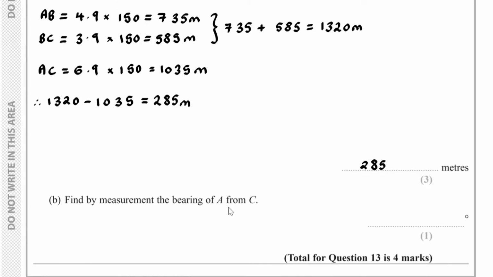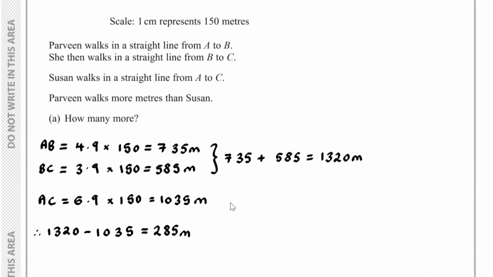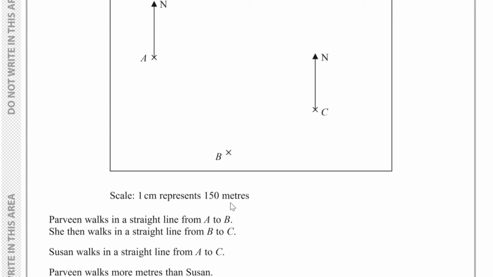Then for part B, we have to find by measuring the bearing of A from C. So we are at C and we want to go to A. So if I join A and C together, then we've got this.